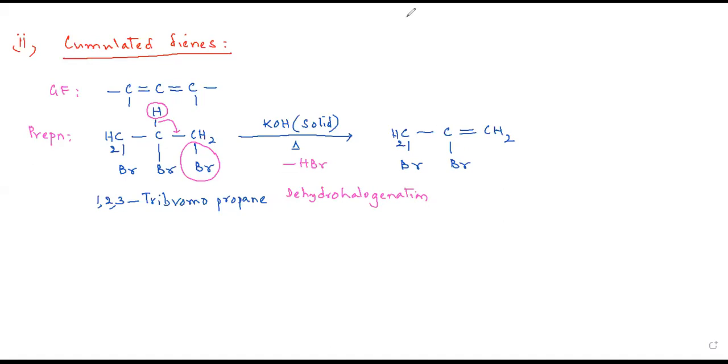Now after this, let us use zinc dust in alcohol. We know that it is a dehalogenating reagent. It is meant for removing halogen atoms.